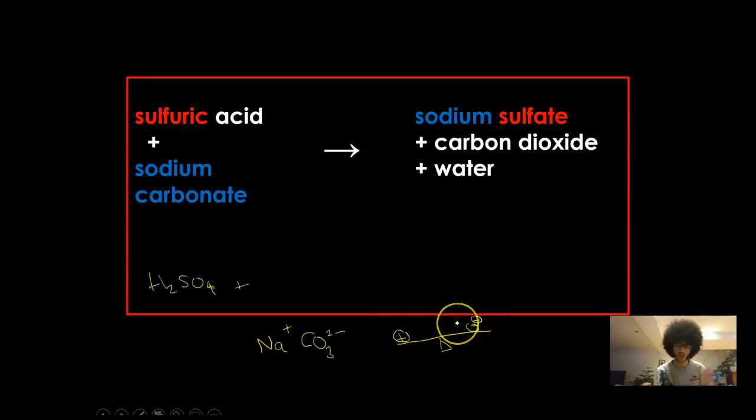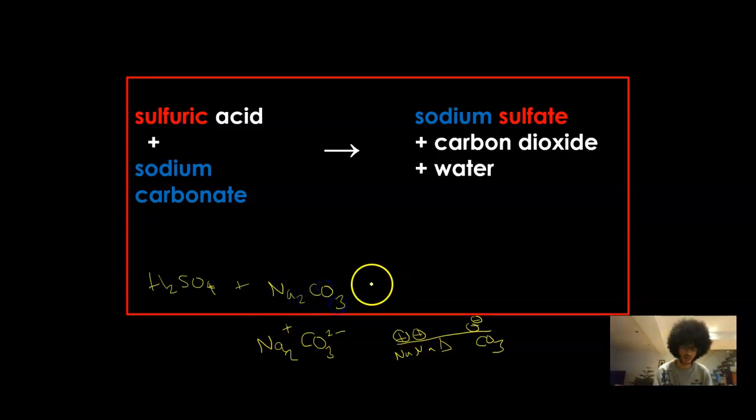So in order to make the charges balance out, because you need balanced charges in ionic substances, I need 2 sodiums. So I need 2 sodiums for 1 carbonate. So I need 2 of these. Therefore, my formula is Na2CO3.